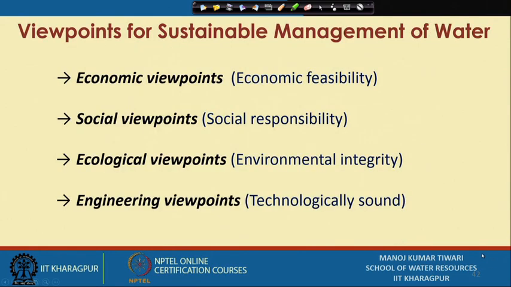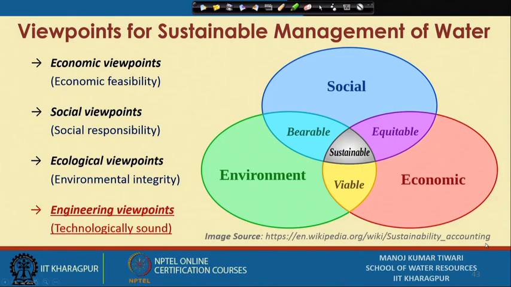Now, as we are saying that we will talk about the different viewpoints particularly, sustainable development has three basic pillars, as is commonly said. There is the social pillar of sustainability, then there is another pillar which is the environment.